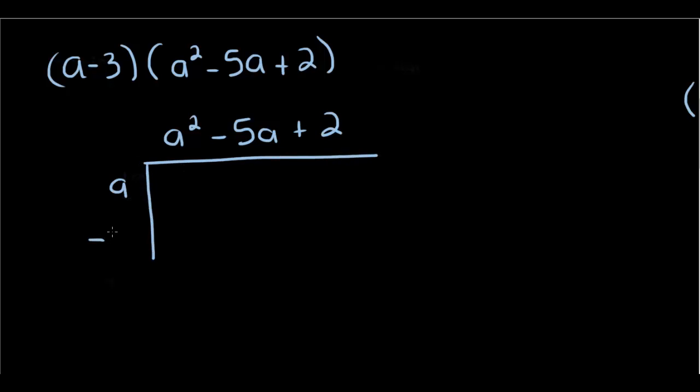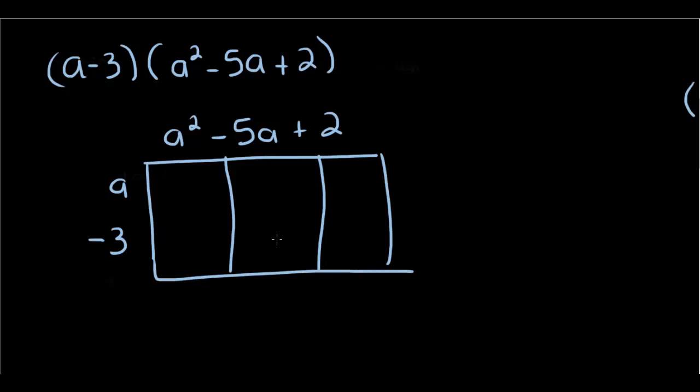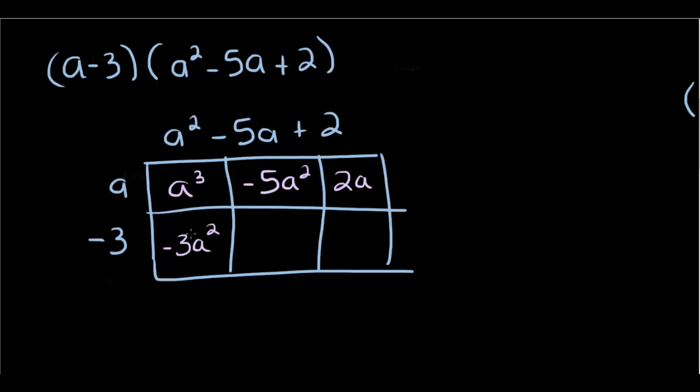So a minus 3, and then we're going to multiply. A times a squared is a to the power of 3. A times negative 5a, negative 5a squared. A times 2, 2a. Negative 3 times a squared, negative 3a squared. Negative 3 times negative 5a, 15a. And negative 3 times 2, negative 6.